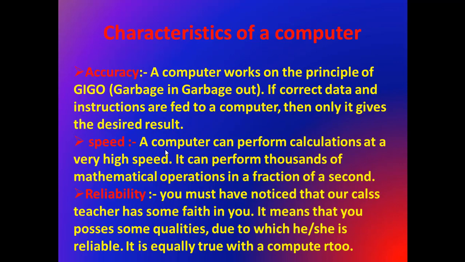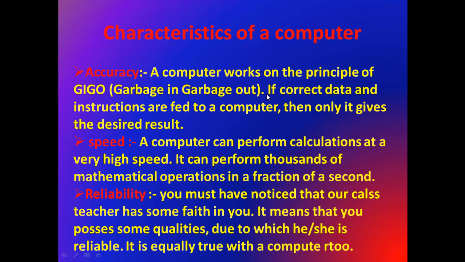After that, here are the characteristics of a computer. These are some features of a computer. Accuracy. Students, you know very well, the calculations done by the computer are 100% accurate, and this accuracy depends on your inputs. Here is a word also. Listen, a computer works on the principle of GIGO, meaning garbage in, garbage out.